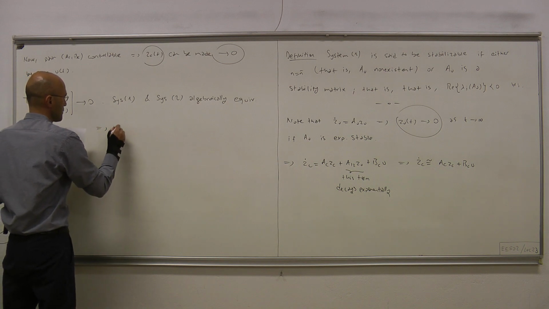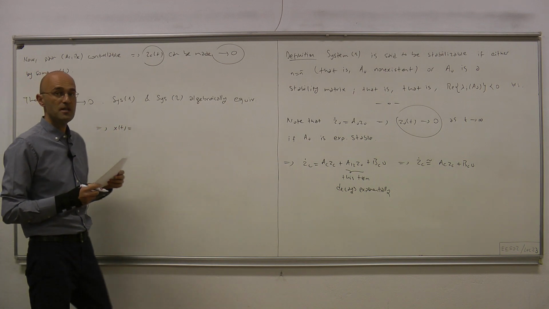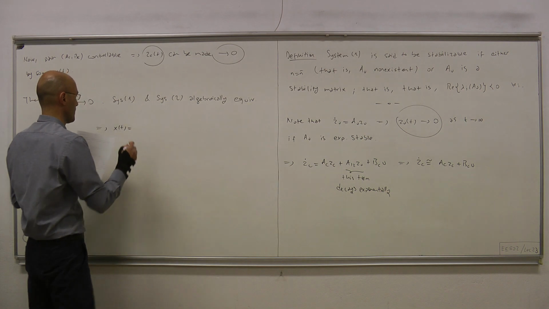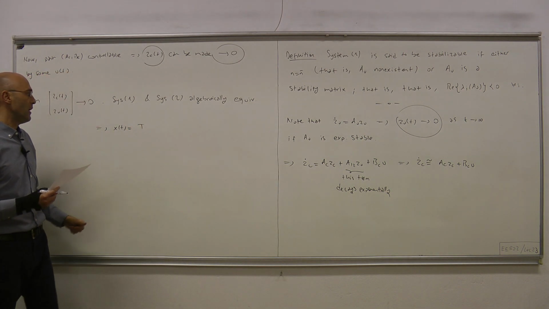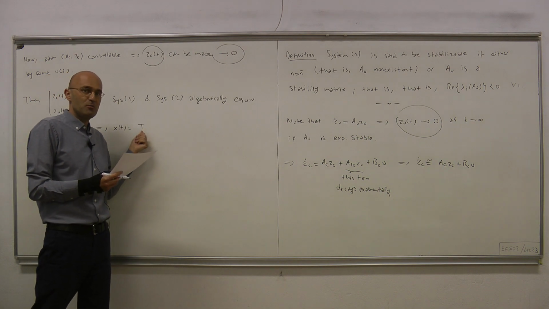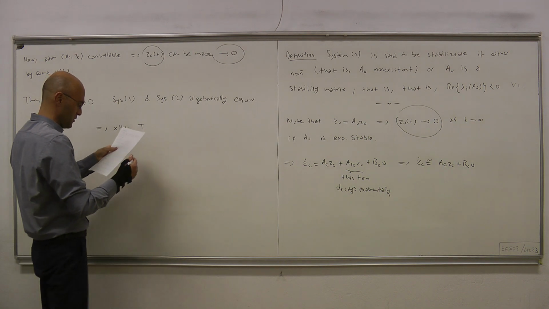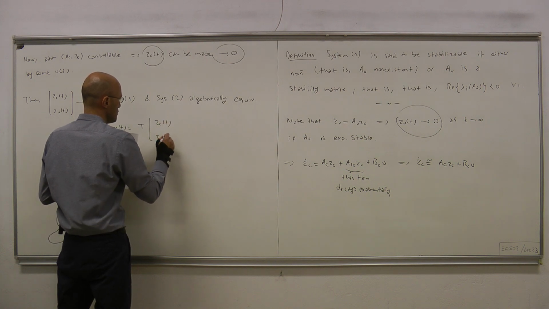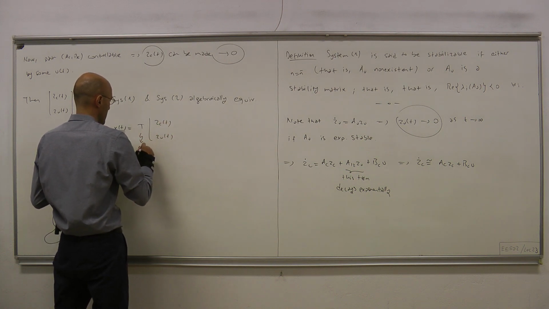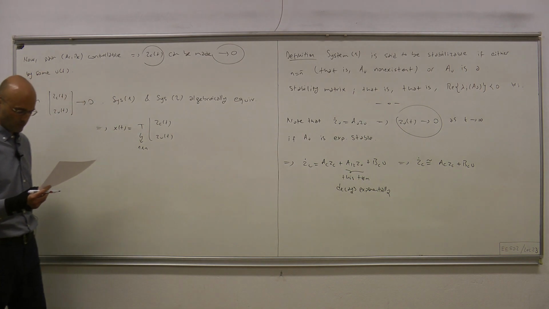That means x(t) can be obtained from z(t) by some similarity transformation matrix T. Okay, ZC(t), ZU(t). This is an n by n matrix.